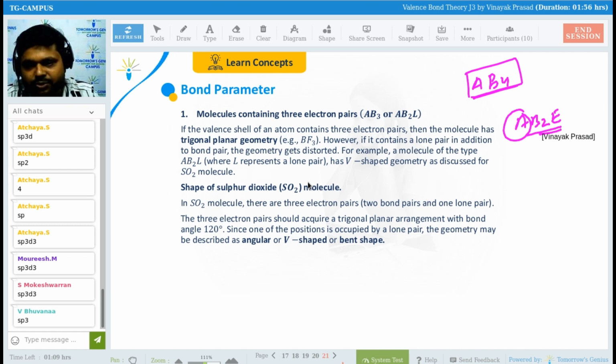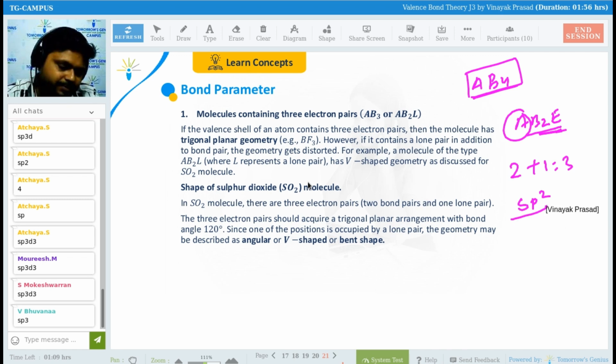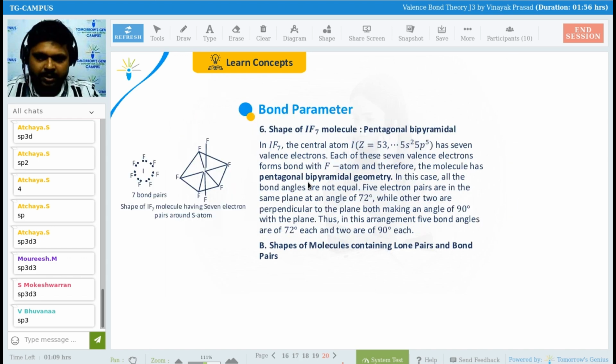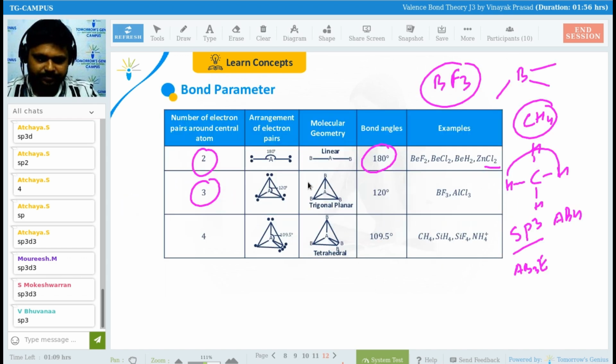You have to care for this only, right? B2 and E is there. So 2 for B and 1 for E. So total is 3. Total is 3, then you have to write SP2. Getting my point, everyone? Yes, sir. Arti, is it comfortable now? Yes, sir. Any problem? No, sir. Okay. Now you can turn off your mic.